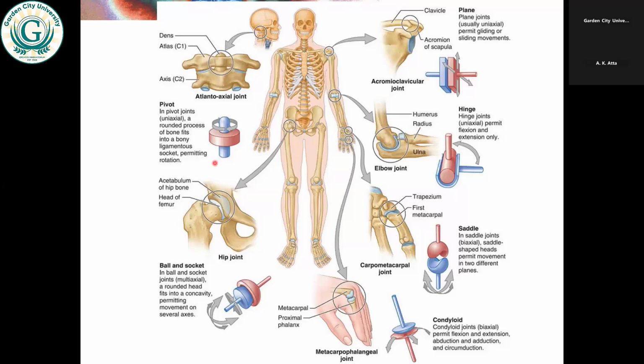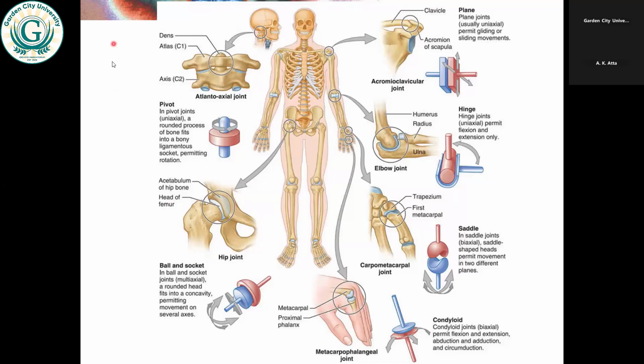So in a condylar type of joint, you have something like an oval or rounded surface that will fit into what? A cavity. So that one is that.